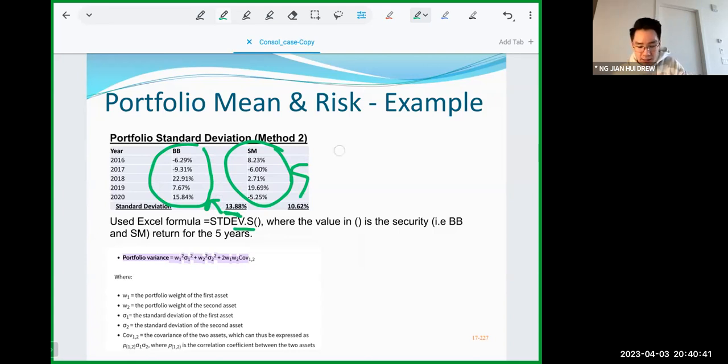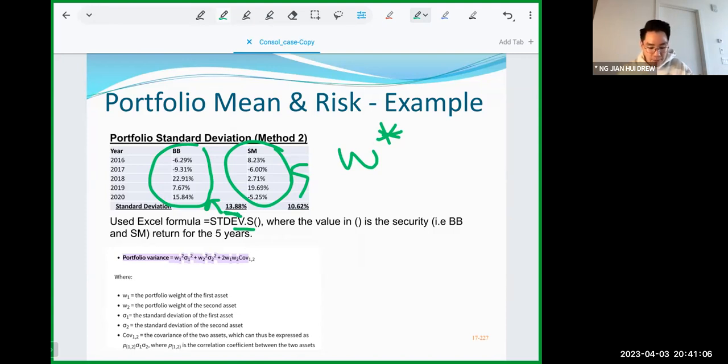We need to consider W. It's a big star here. We need to consider W. So how do we consider W now? Method 2 being the finance method, we need to use this finance formula. So portfolio variance, the formula is W1 squared, that means the weight of portfolio 1 squared, multiplied by the variance.